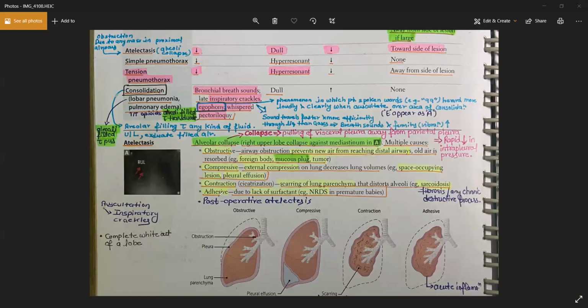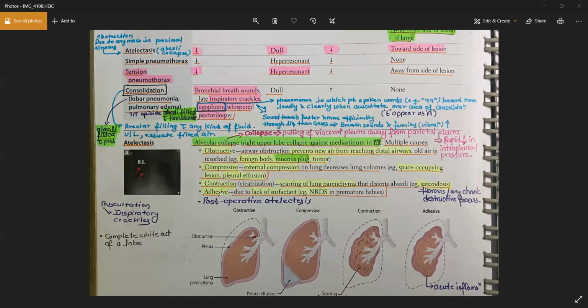I really don't know what happens when they become more negative. You said, last line that you have just said, I missed it. The pulling of visceral pleura from the parietal pleura.